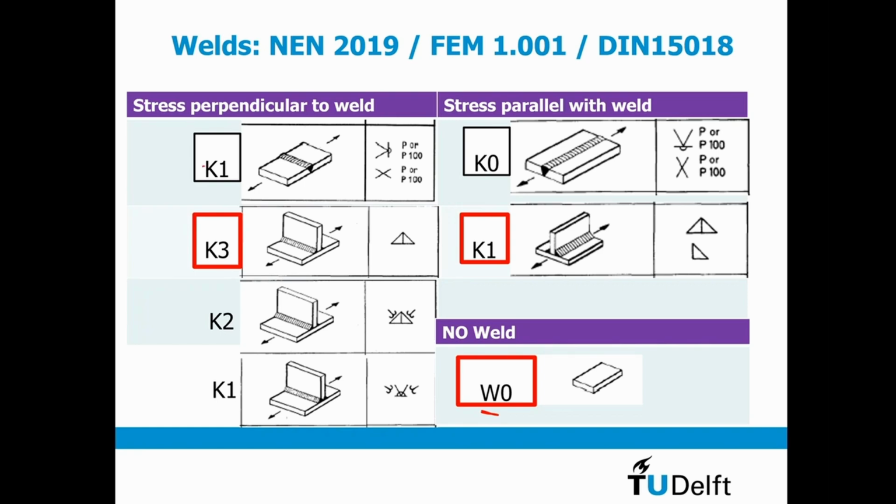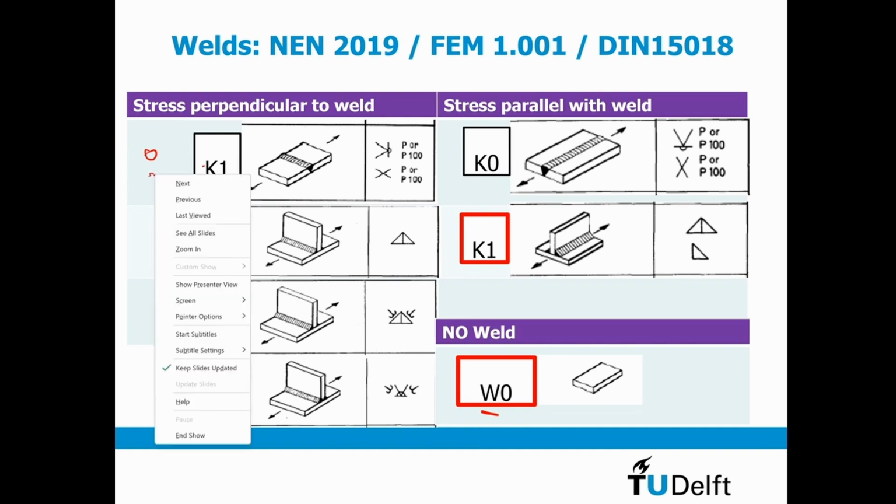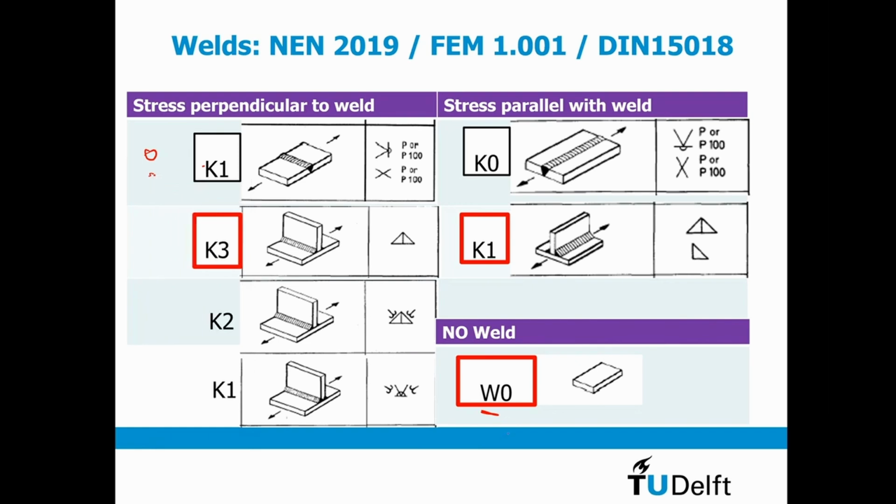And depending on the quality of your weld, the best quality is A0. And then it goes for non-welded. So non-welded, W1 is, I think, with holes and bolts, and W2 is if the quality of the edges of the holes of the bolts is below a certain level.